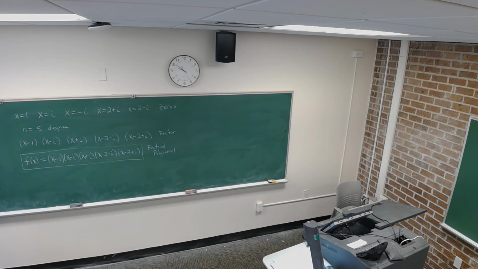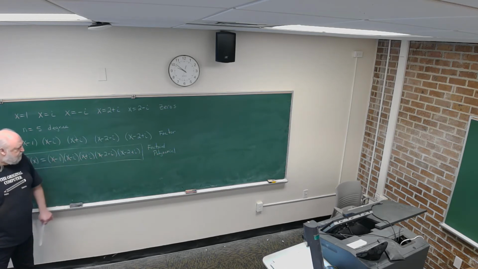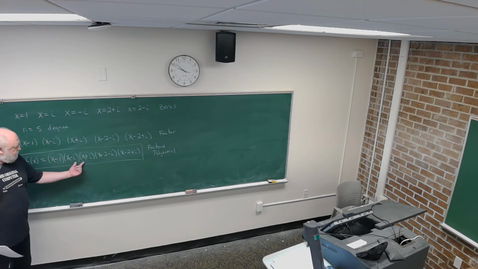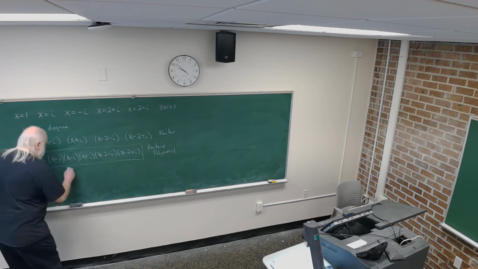Okay. All right. To show that, we got four of our factors containing complex numbers. To show that if we expanded this polynomial, it would have integer coefficients, I'm going to multiply these two factors and multiply these two factors.